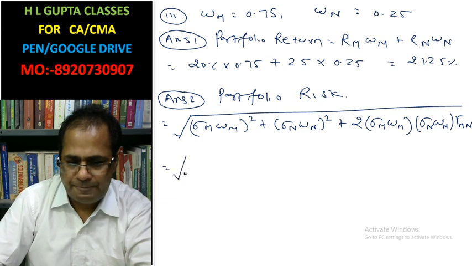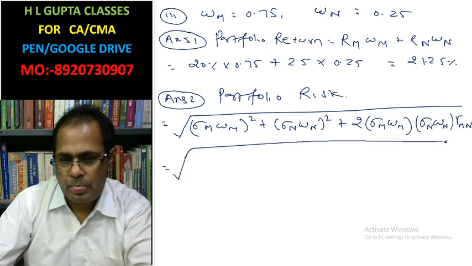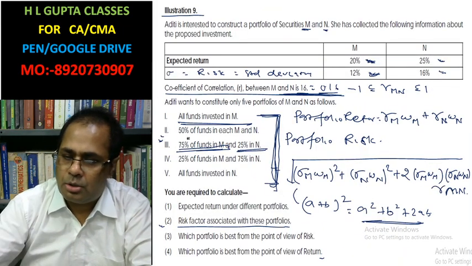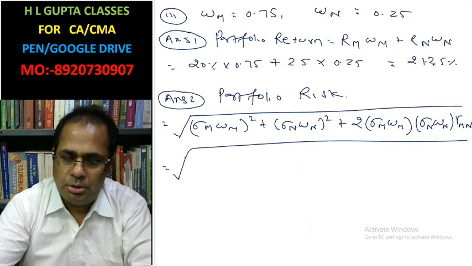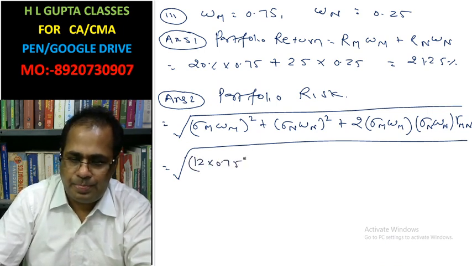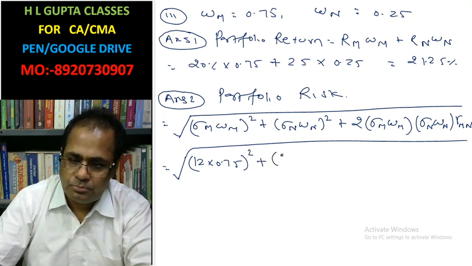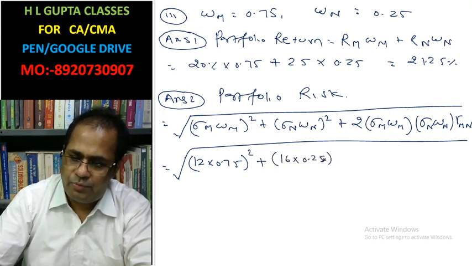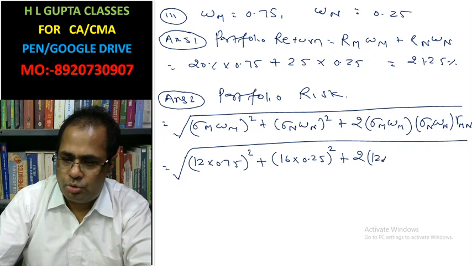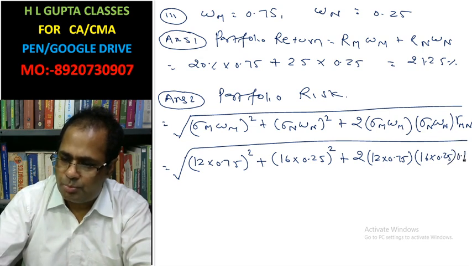In this case, standard deviation M is given 12, standard deviation N is given 16. So 12 into 0.75 whole square, 16 into 0.25 whole square, plus 2 into 12 into 0.75 into 16 into 0.25 into coefficient of correlation 0.16.